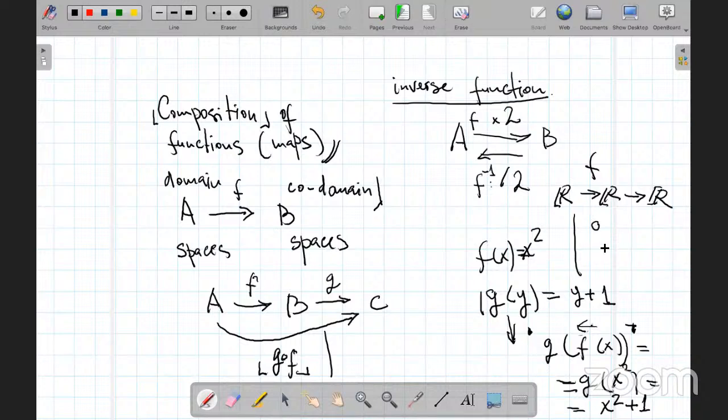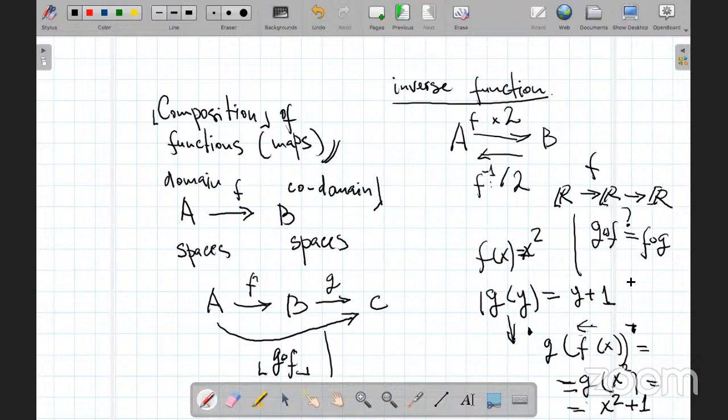But let's look into the order. So that's what we have: g circle f, right? But what about if we try to compose them in the opposite direction? That actually means that g is first and f is second. In that example, would it be the same or not the same? Question. Okay, and then we finish.